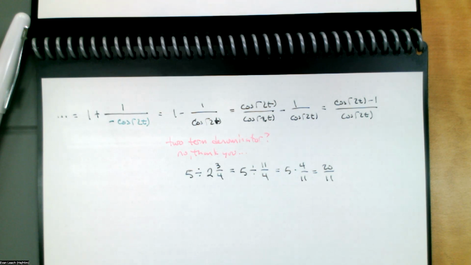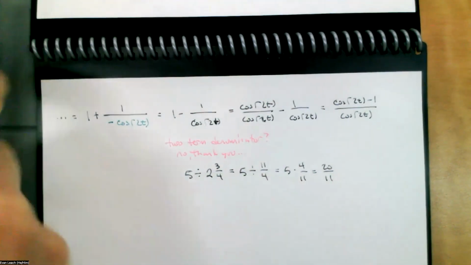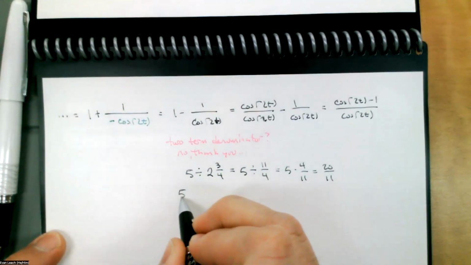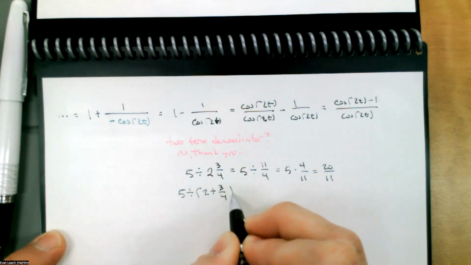What we're doing here, when I change that 2 3/4 to 11/4, is the same reason that I want to change 1 minus 1 over cosine of 2t to cosine of 2t minus 1 over cosine of 2t. Because what we're looking at here is 5 divided by 2 3/4.